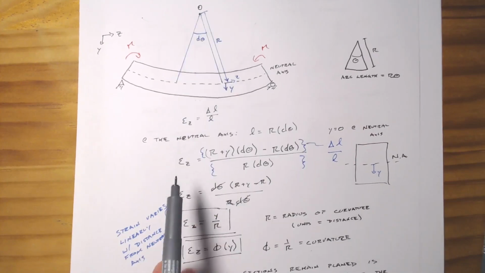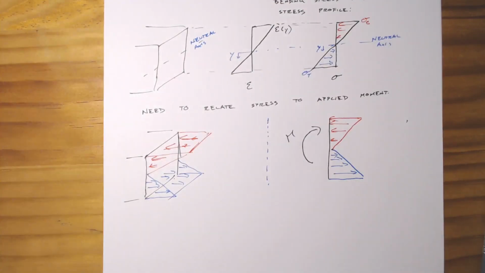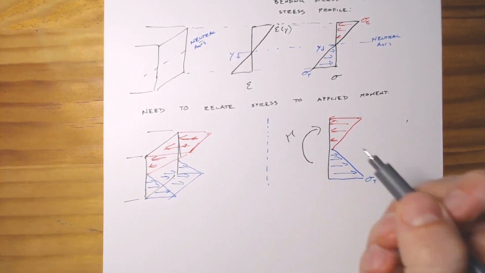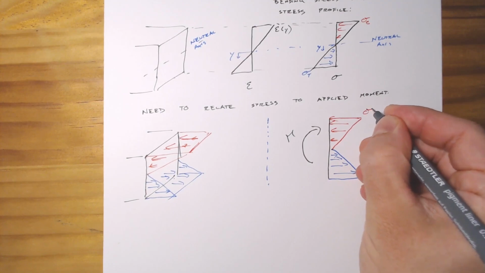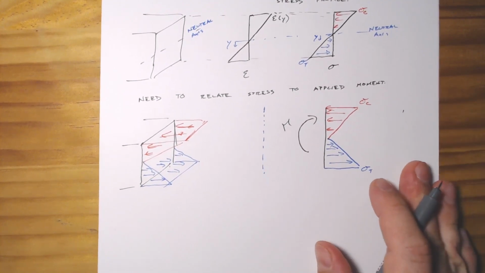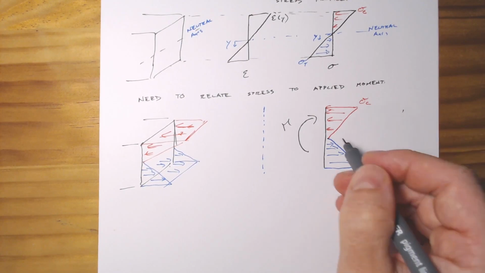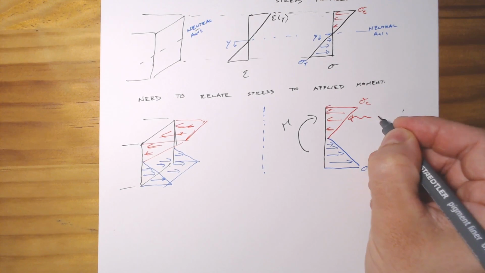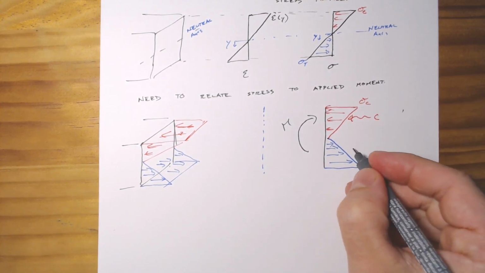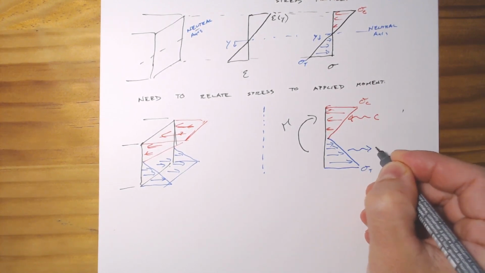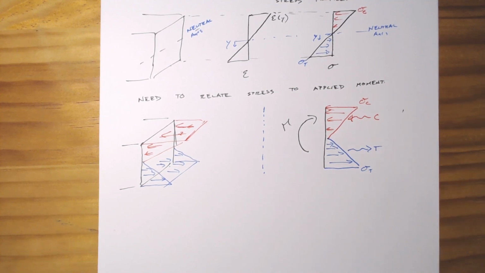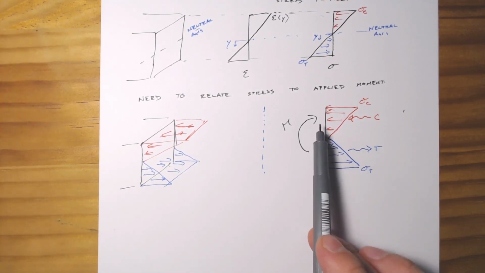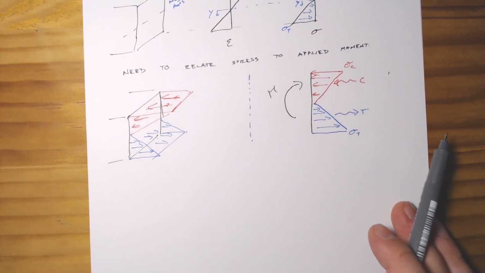Well, this moment, if you take a free body diagram, it's going to expose some bending stress, which you'll have some bit in tension, and you'll have some bit in compression. And if you look at the distribution, we know this is a linear distribution. We know that there will be some equivalent, some resultant force, C, in compression, and some resultant force, T, in tension. And so we can use this fact to help relate back to our moment and what our stress is.